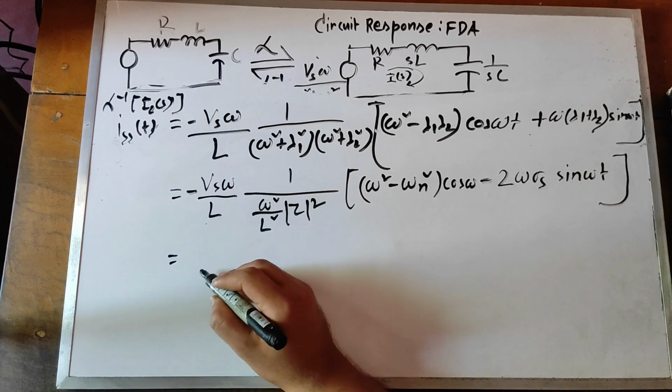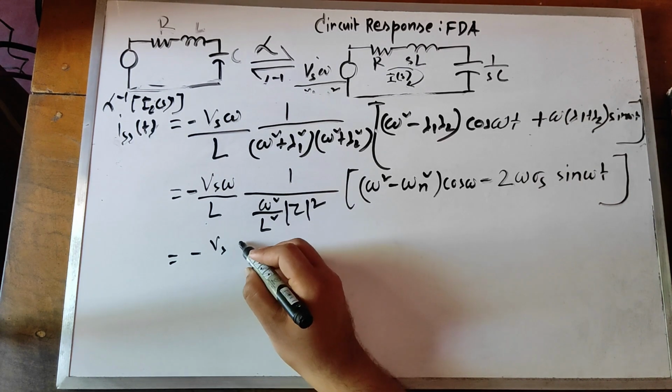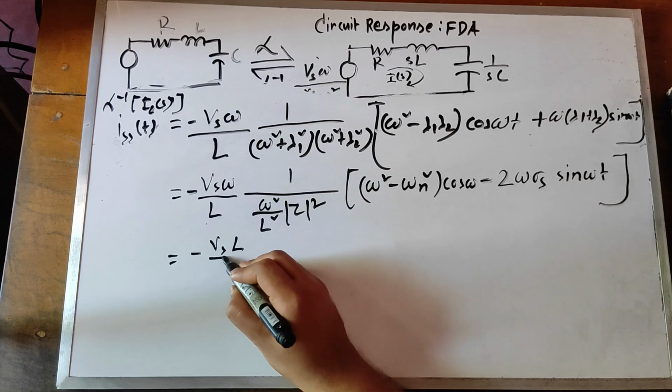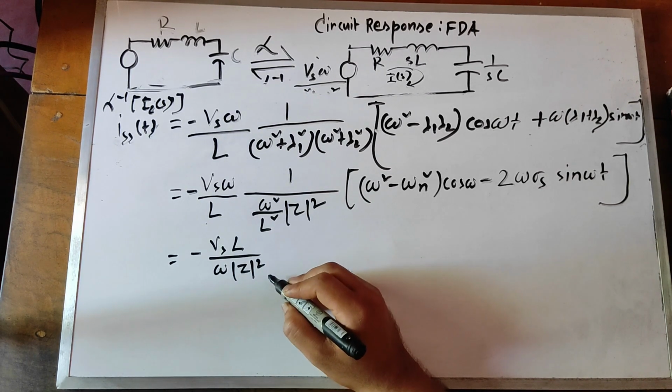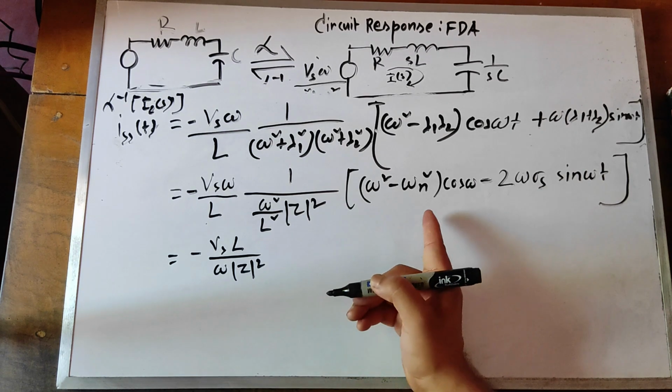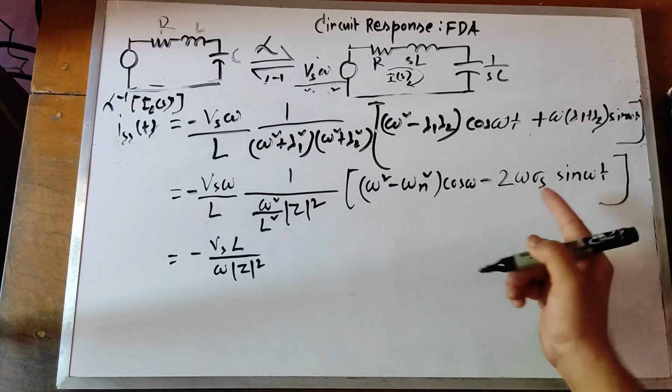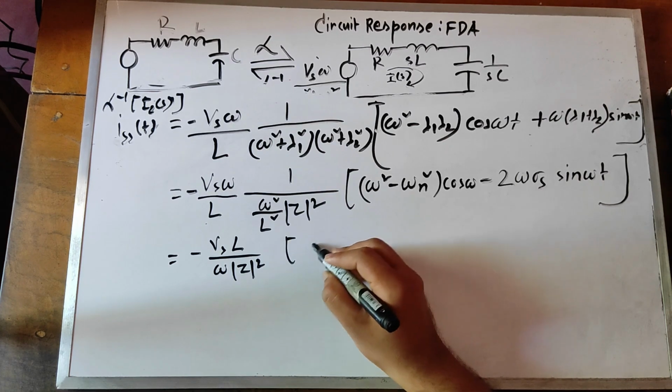Now what I'm going to do is Vs L by omega Z squared, and if I take omega by L common from this, let me do it like this first.